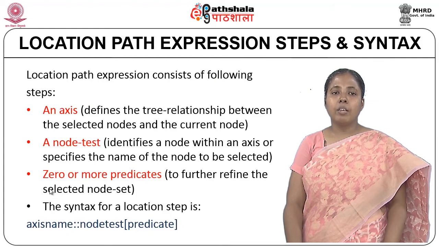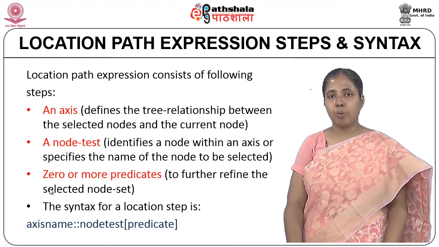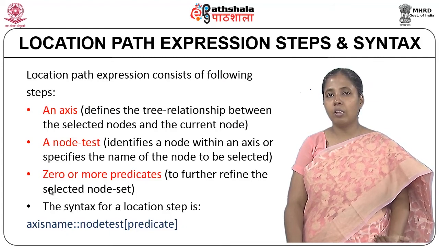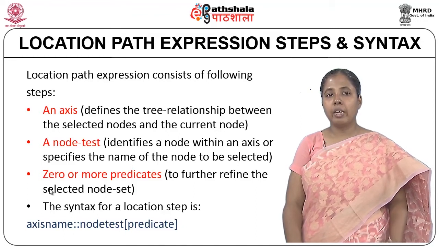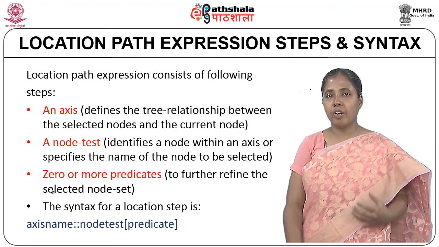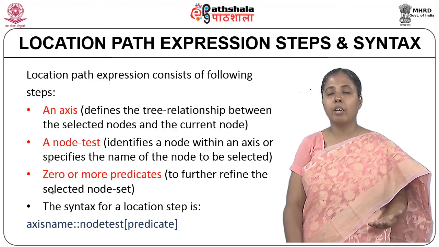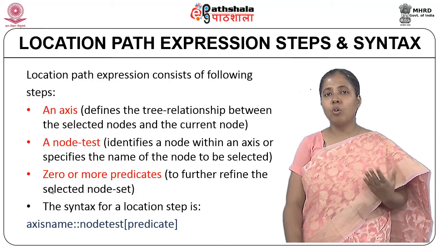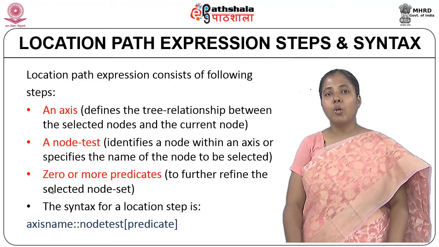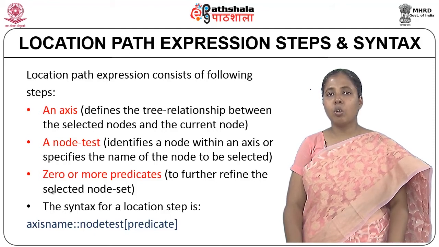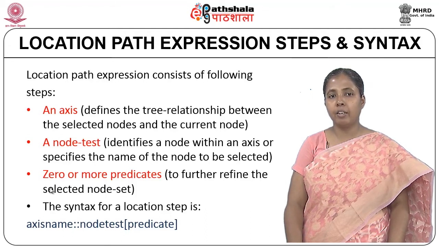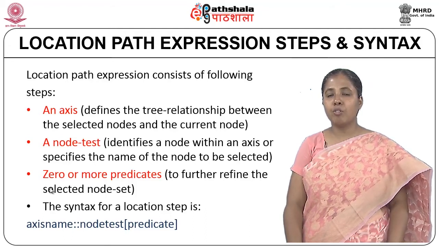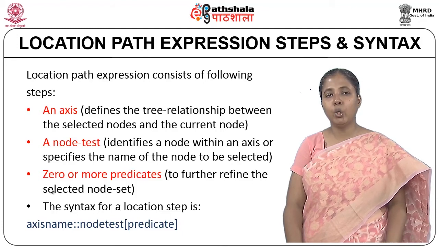Now we will see that the location path expression consists of all the things we have seen earlier. A location path expression can contain an axis, which defines the tree relationship relative to the selected nodes or the current nodes; a node test, which identifies a node within an axis or specifies the name of the node to be selected; and zero or more predicates to further refine the selected node list.